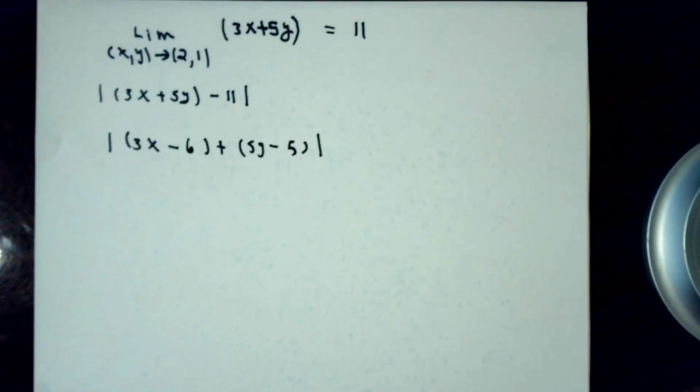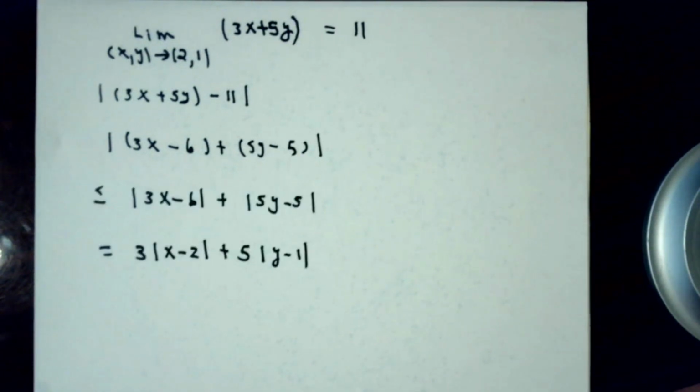I'm doing this to try to make the pieces look more like the distance between the 2 points. Because of the triangle inequality, I can split this up some more. Also, in the absolute value, I can factor out an absolute value of 3, which is 3, and in the second, I can factor out absolute value of 5 as well.